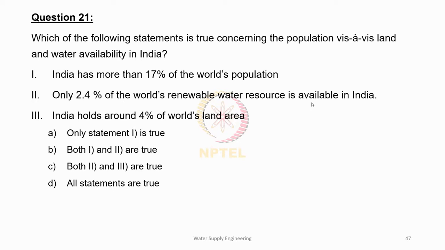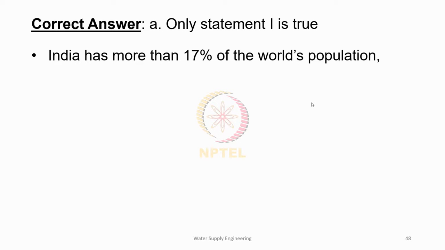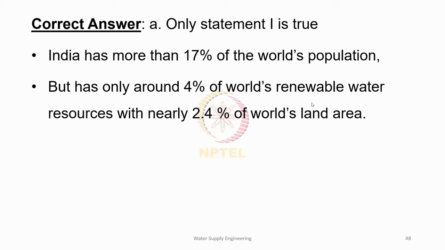Okay, so let's see what the correct answer is. The correct option is option A. Only statement 1 is true. As most of you have answered, it is option A. It's correct that India has more than 17% of the world's population, but it has only around 4% of the world's renewable water resources and 2.4% of the land area.